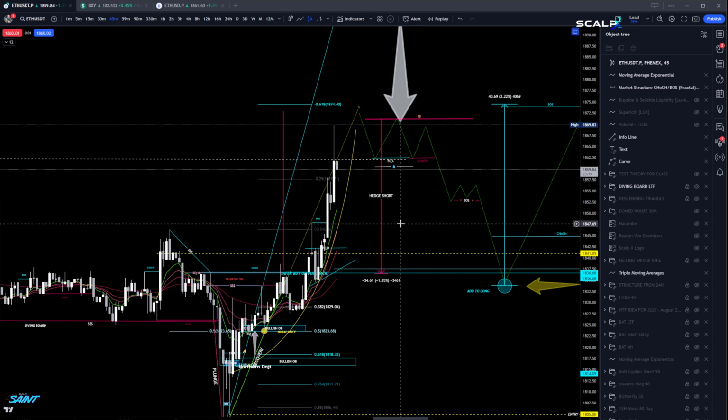I think we have further correction to the downside, but just based on where we are right now, we could fill the imbalance to the top, and then it would be very bloody on the way down. And it could be vice versa, right?